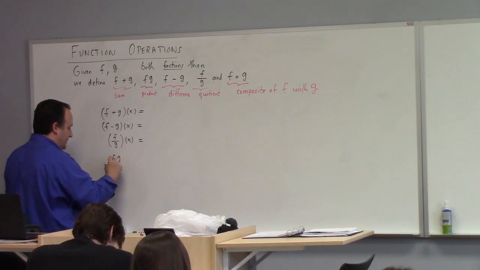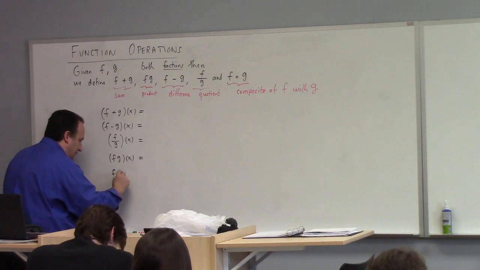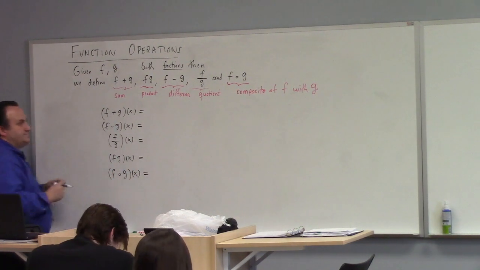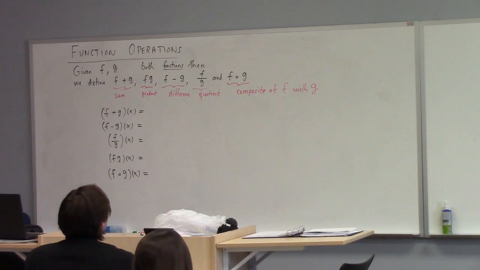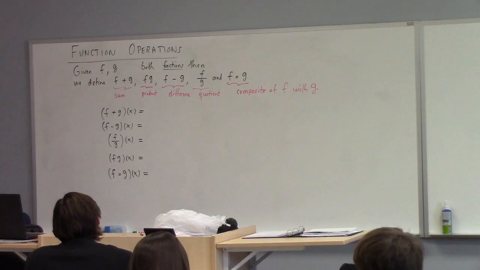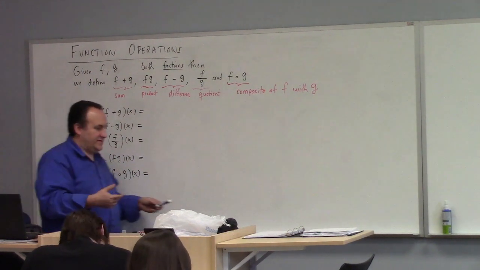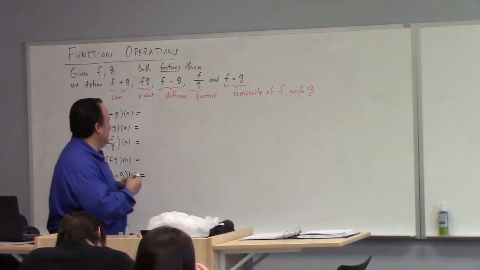F times g of x, what's that equal to? And finally, f composed with g of x, what's that equal to? So, these definitions are pretty unsurprising except for the last one, I would say.